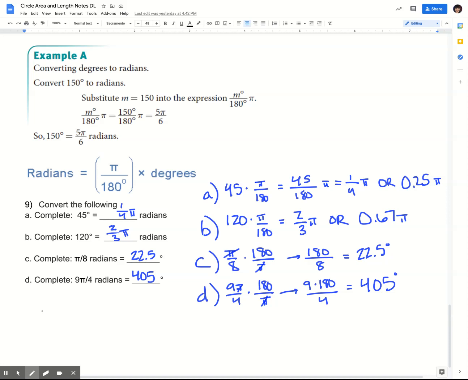Okay, that's okay. And you'll see why when you get into algebra 2 and pre-calculus. But if you're curious as to why it's okay that we have a degree value larger than 360, feel free to reach out to me. I'm happy to kind of tell you about that as a little bit of an extension of this idea.